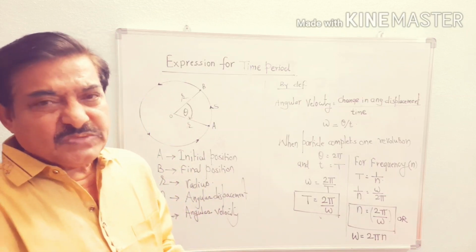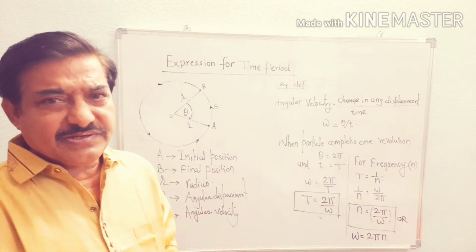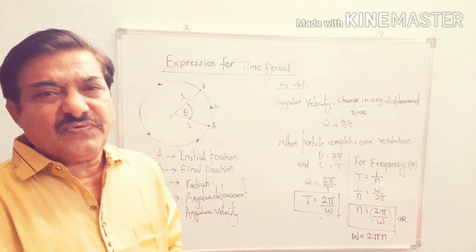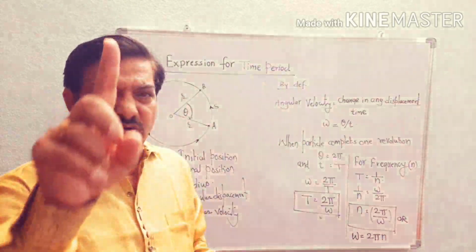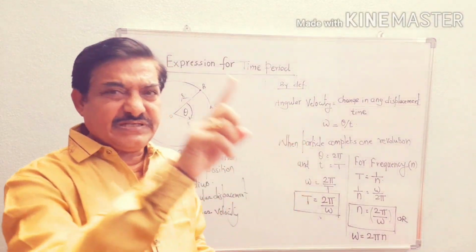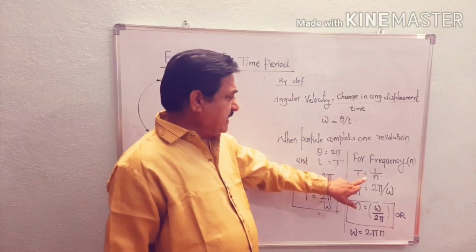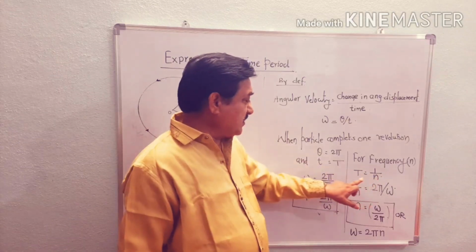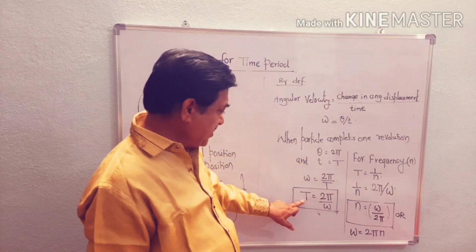We know the relation between time period and frequency is that they are reciprocals of each other. That is, time period is equal to 1 upon frequency, or frequency is equal to 1 upon time period. So, substitute this value T is equal to 1 by n in this expression.